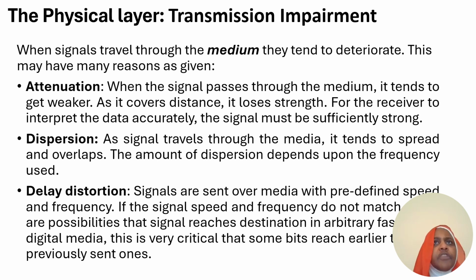If the speed and frequency do not match, this might cause some bits to be delayed, and the bits will be received in an order different from the one in which they were sent. For example, for digital media, this is very critical. Some bits have to reach the destination in the same order they were sent.